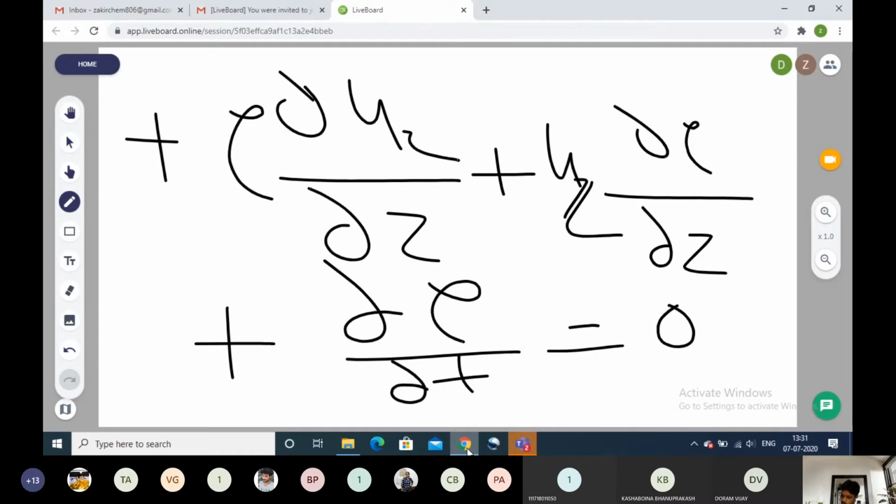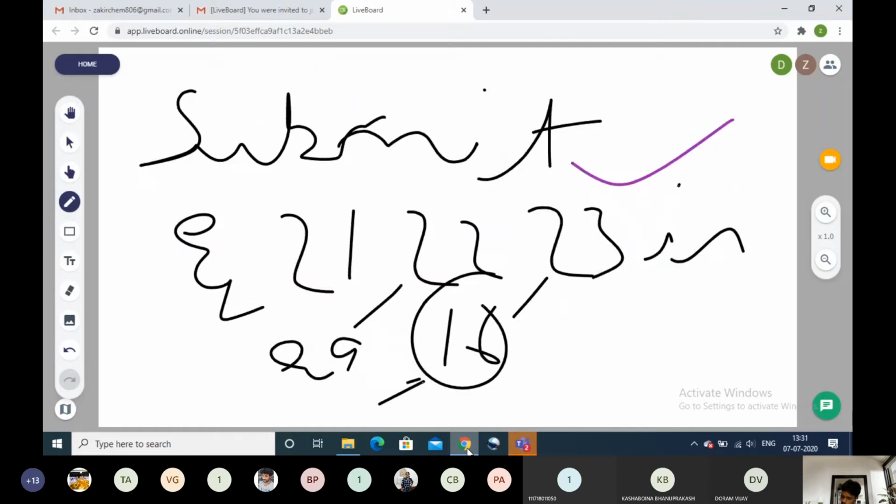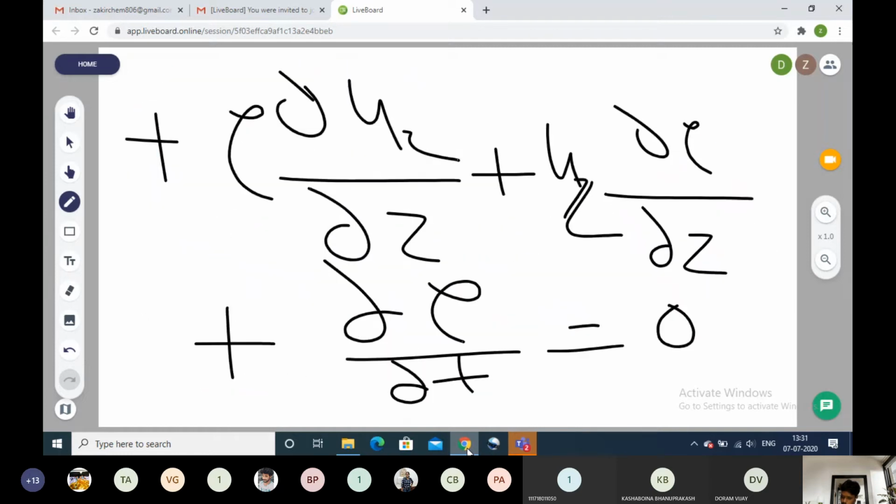We will give an equation number to this one. Up to 23 we have already given equation numbers, so this is equation number 24.